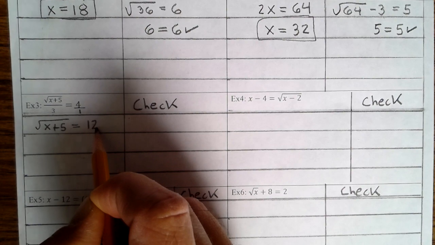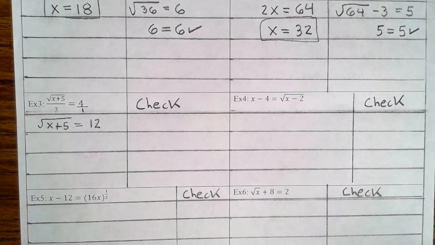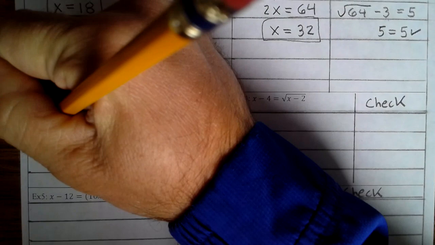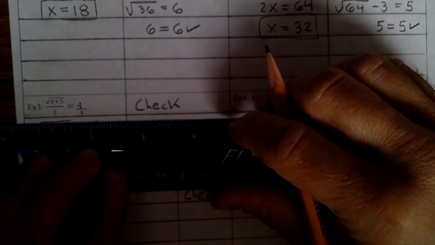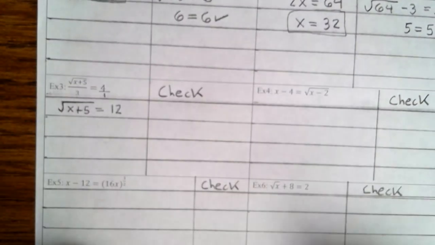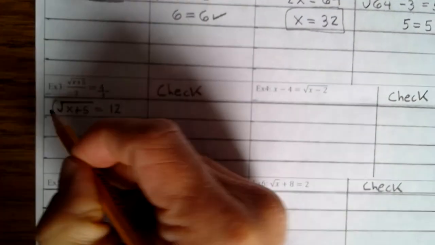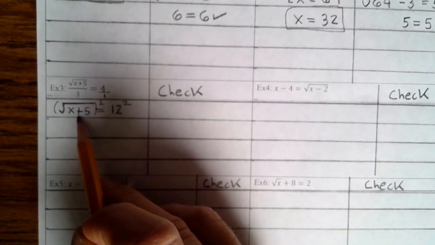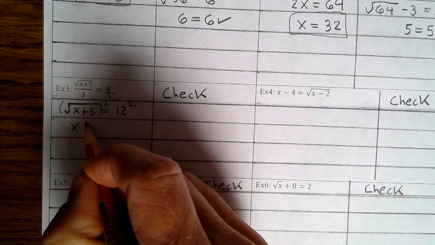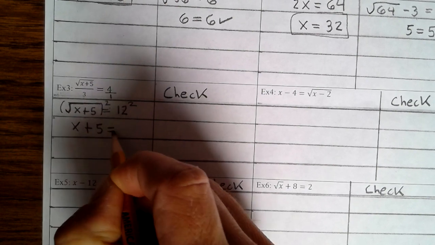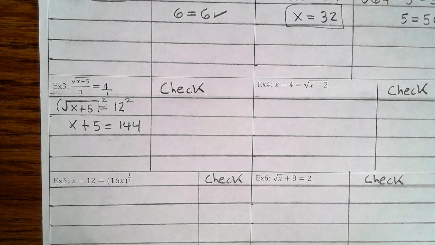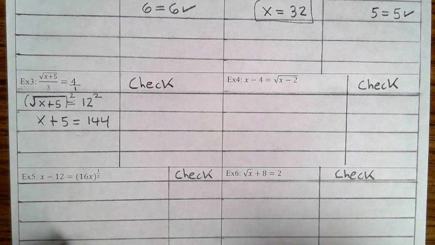Now I'm going to fix the square root here a little bit, straighten it out. Okay, we're going to square both sides. Now the square unsquare root is the square root, so that's x plus 5 equals 12 squared, which is 144. You're going to subtract 5 from both sides, so x equals 139.